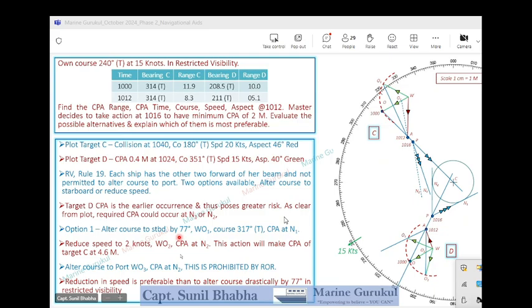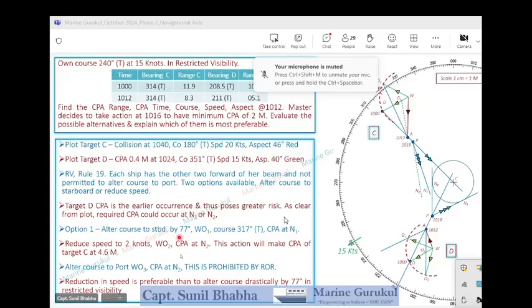Now, this kind of a bold or drastic alteration will not only take much more time to execute, but may also result in a close quarter situation with some other ship. So reduction of speed, on the other hand, will be effective, will be much quicker, and is also recommended.